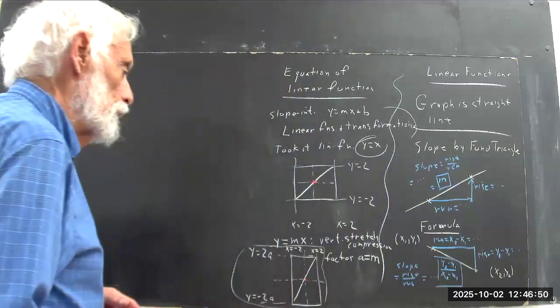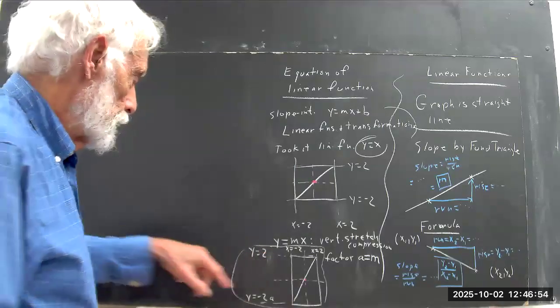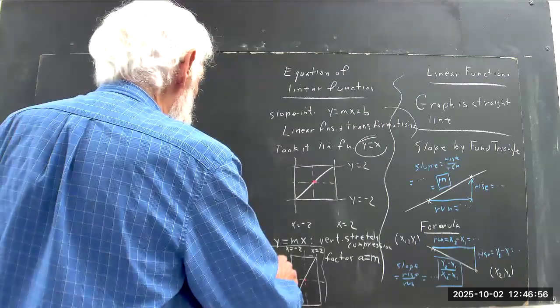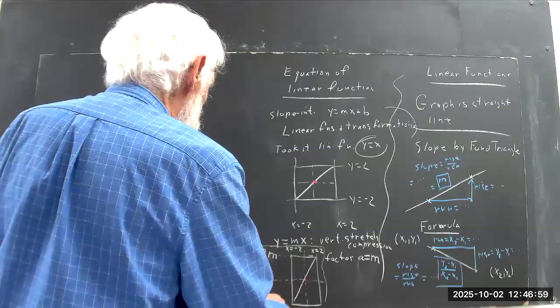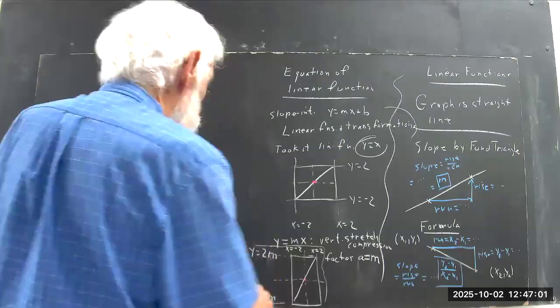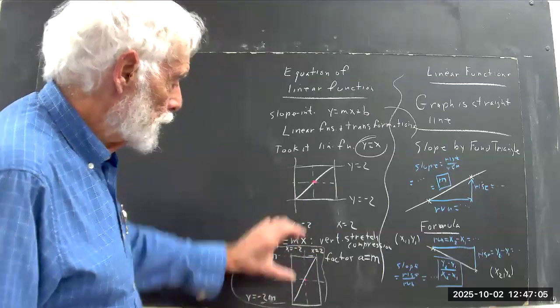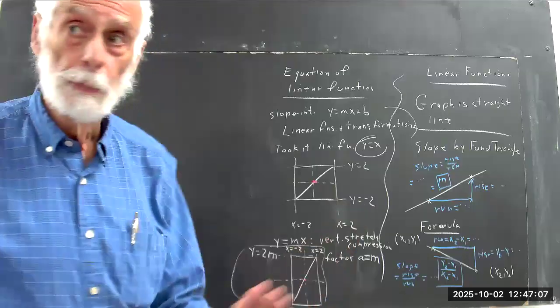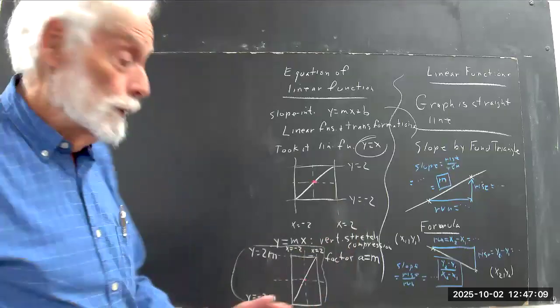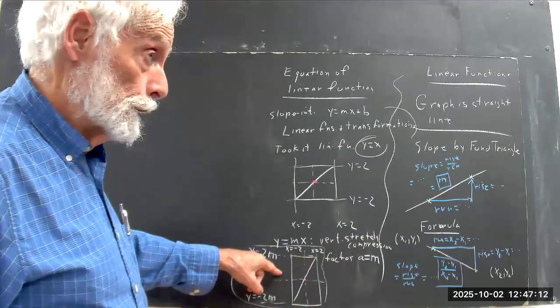Which equals, in this case, it's m. So I should call this 2m. Call this -2m. So m is like 2, that's what I was thinking. Then this thing's twice as high as it is wide, and the graph is steeper, right? So slope is going to be m if you do this.